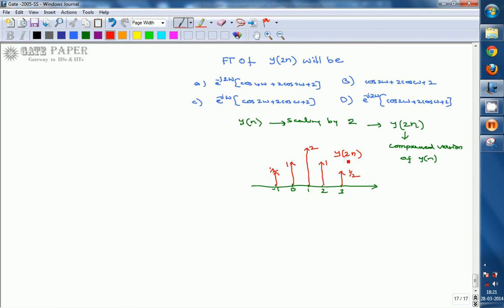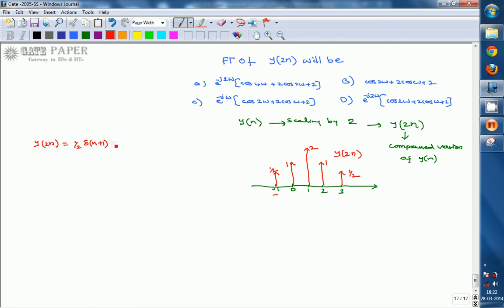Now we need to write the expression and apply the Fourier transform for this. So we can write y of 2n as: the amplitude is 1 by 2 at the -1 position, so 1 by 2 del of n plus 1. We know that we can write the sample values as a weighted sum of impulses, and we use that same thing here.